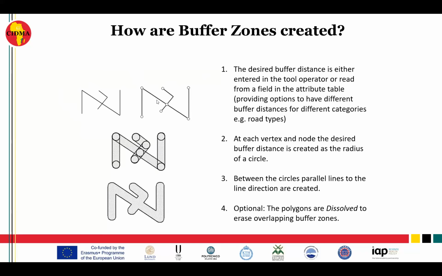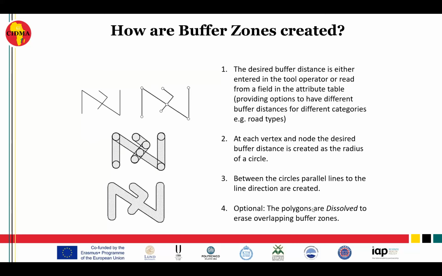As you know, there is no real line in reality, it's just points or coordinate pairs, but it will still create a parallel form with the distance perpendicular to the line. And then it will look like this. So we have the node and vertex circles, and then we have the parallels like this.